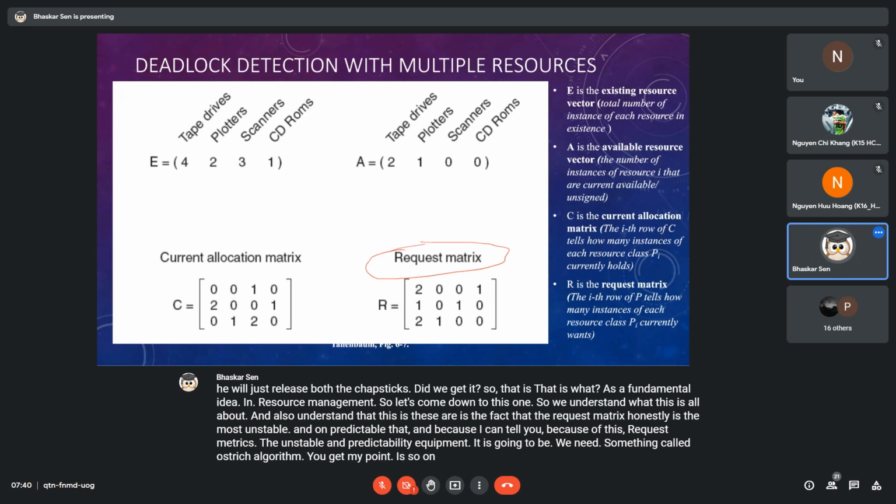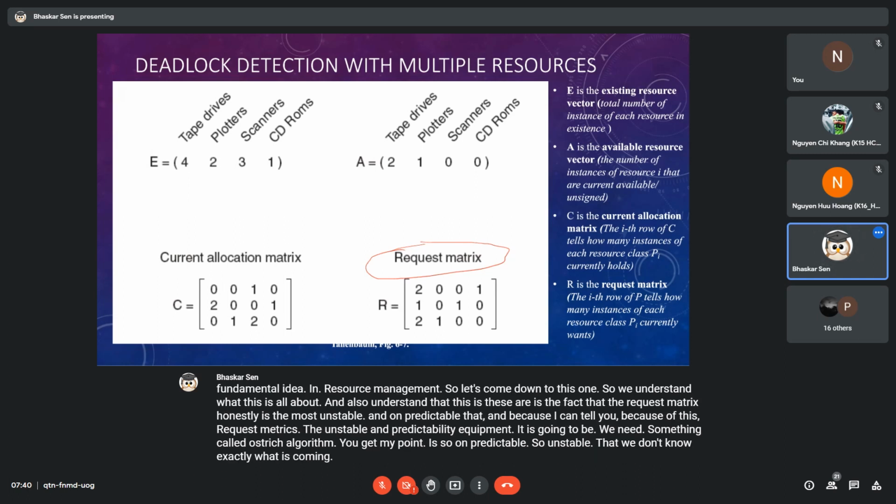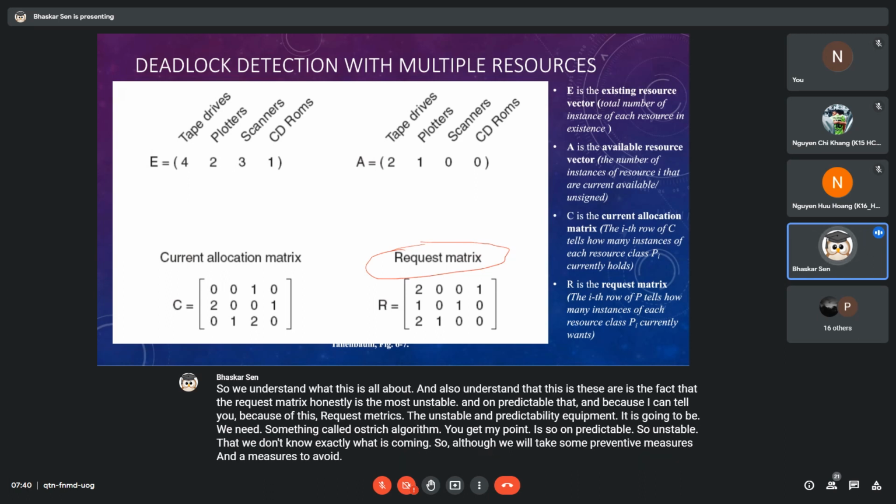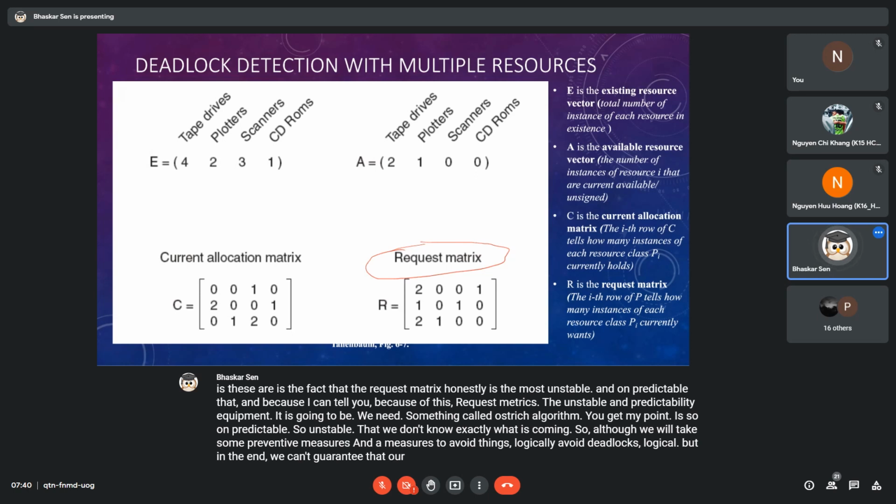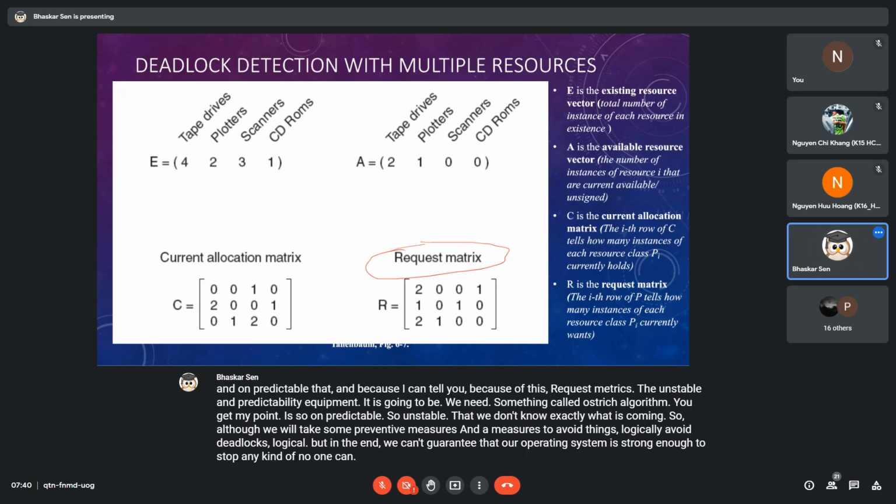It's so unpredictable, so unstable, that we don't know exactly what is coming. So although we will take some preventive measures to avoid deadlocks logically, in the end, we can't guarantee that our operating system is strong enough to stop any kind of deadlock. No one can. So that is where we still run the risk of getting involved in a deadlock.